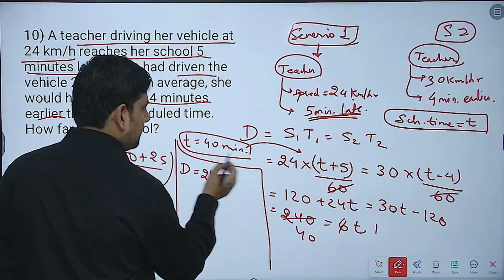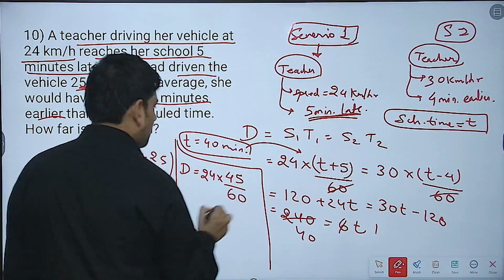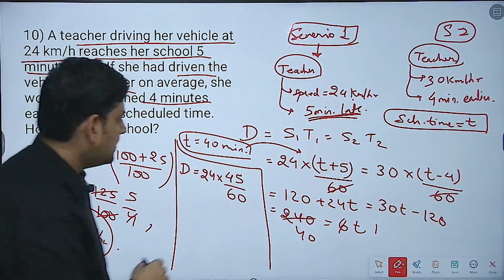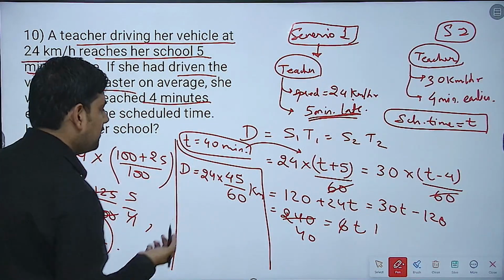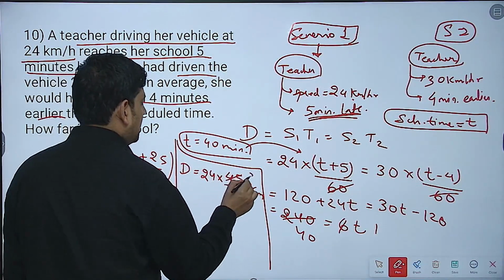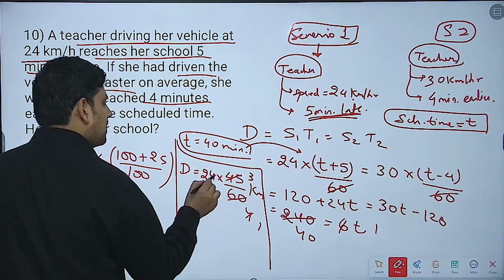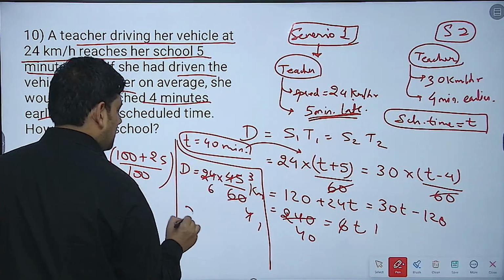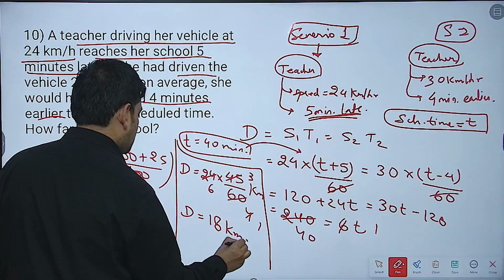So t came out to be 40. 40 plus 5 is 45 divided by 60. This gives you the distance in kilometer. Correct? Now how many times will this go? This will go 3 times, this will go 4 times by 50, then this will go 1 time, this will go 6 times. So what you got? Distance came out to be 6 into 3, that is 18 kilometers.